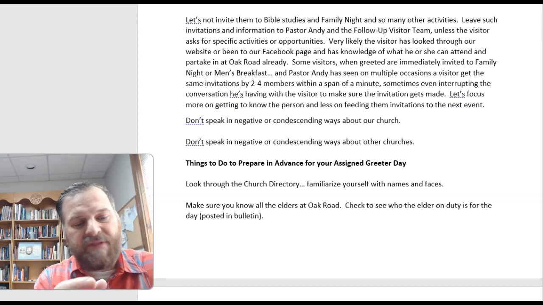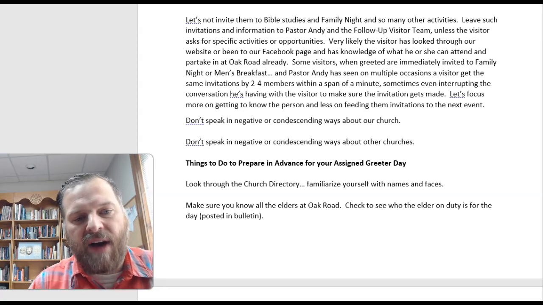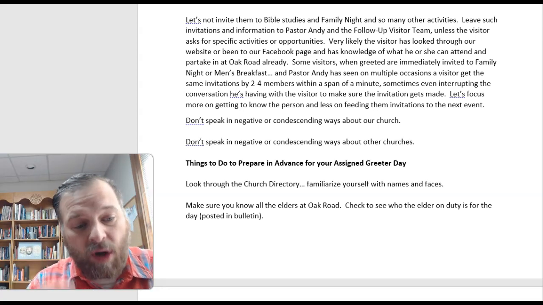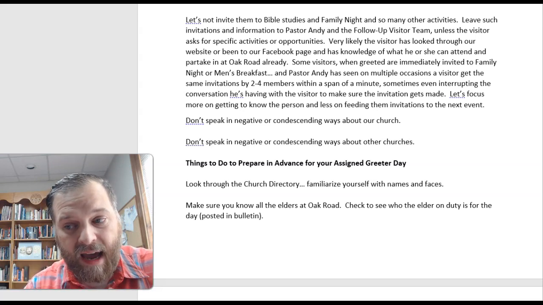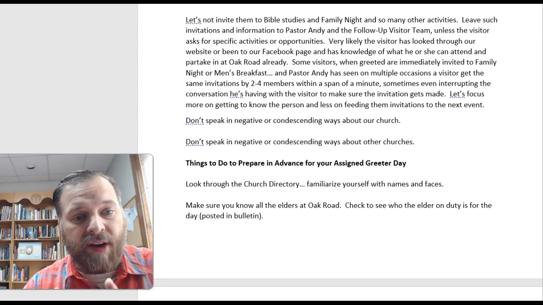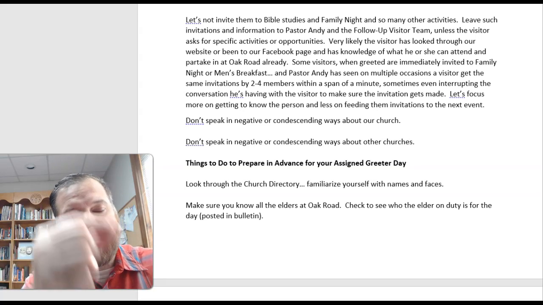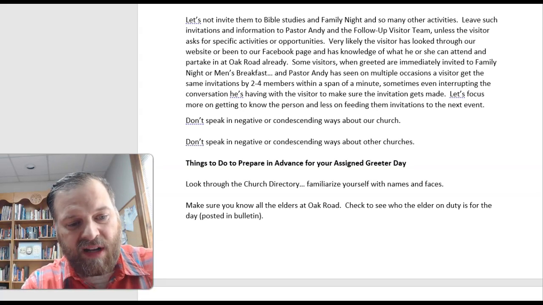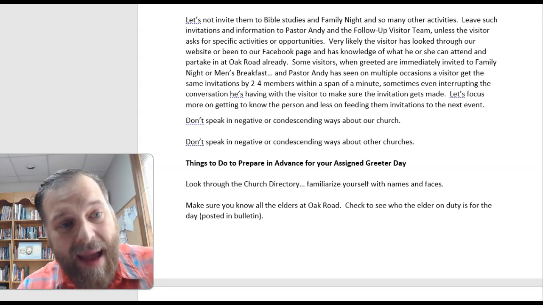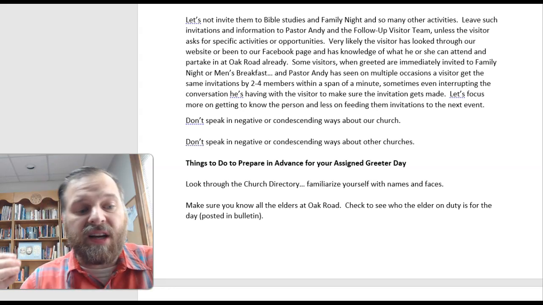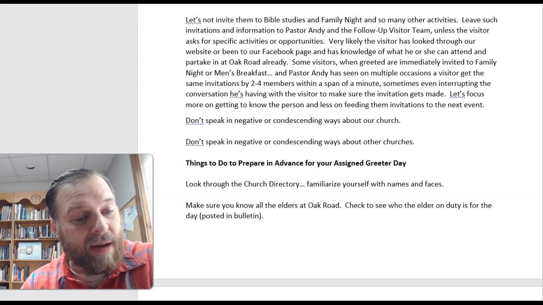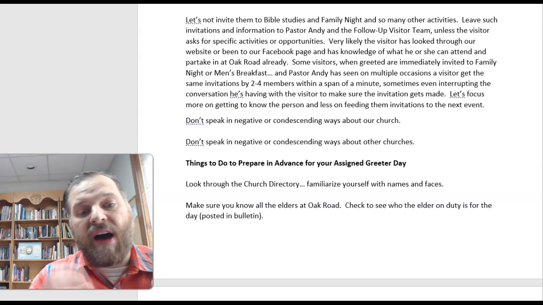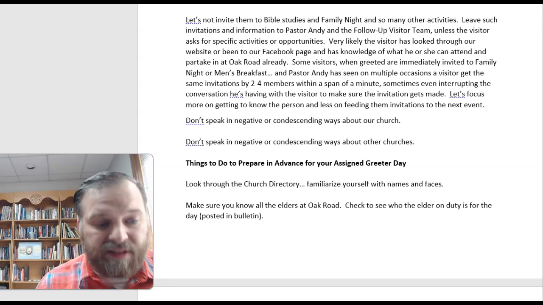People love the men's breakfast, but if a first-time visitor gets invited two, three, four times to just the men's breakfast because he's a man, he's going to get the hint that unless he's part of this Saturday morning breakfast, which he may or may not be able to attend, it's very important, maybe even more important than coming to Sunday church. If I don't go to this, am I even going to be a part of this church?